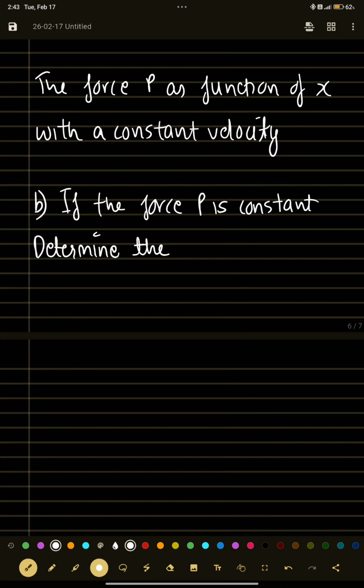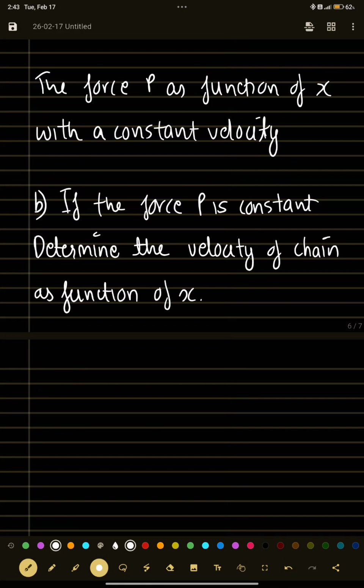In the first case, what was written? Force P as a function of x, required to pull the chain with a constant velocity. And in part B, the force P is constant. Then what you have to do? Determine the velocity of the chain as a function of x. So जो constant है, that is of course constant. The other part you have to determine as a function of x.